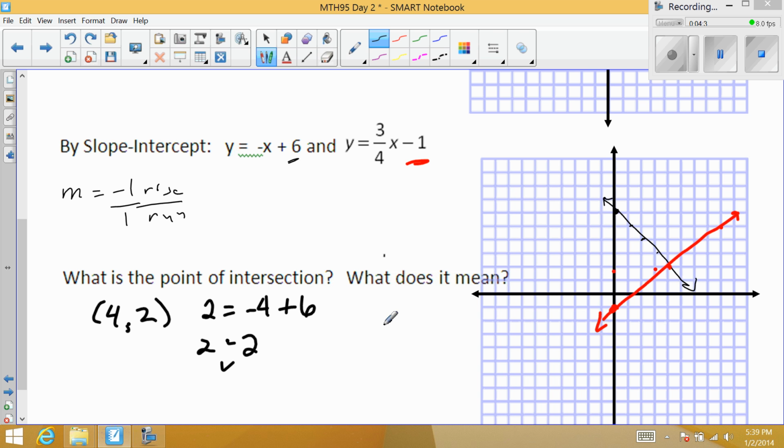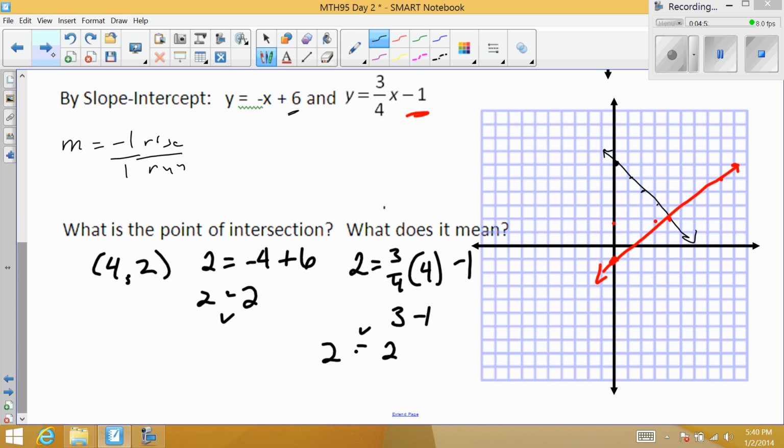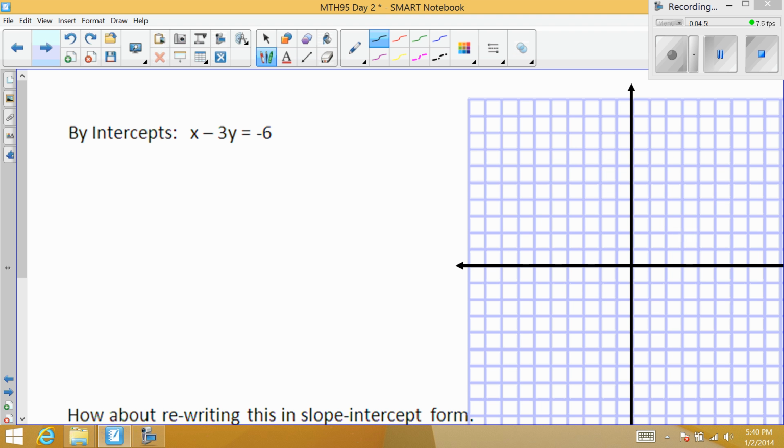And then taking the second equation, if y is 2, 3/4 times x, subtract 1, 3/4 times 4 is 3, and 3 subtract 1 is 2. So again, it's the value of x and y that makes both the equations true. That's what happens at the point of intersection.